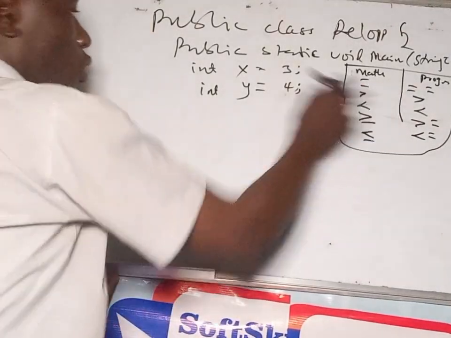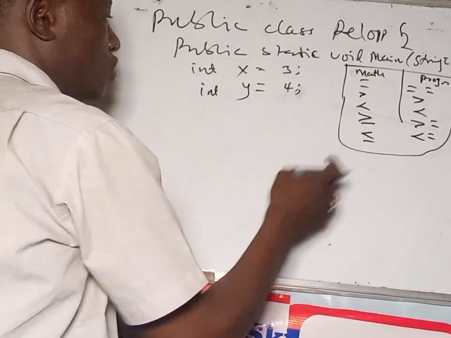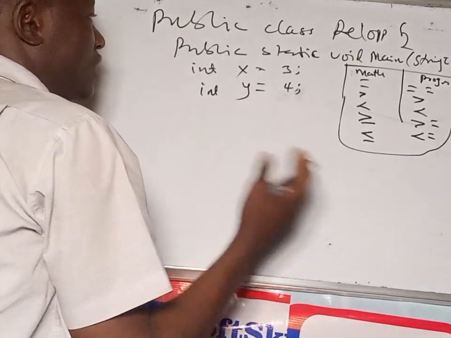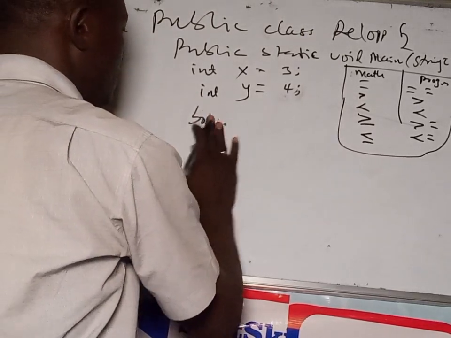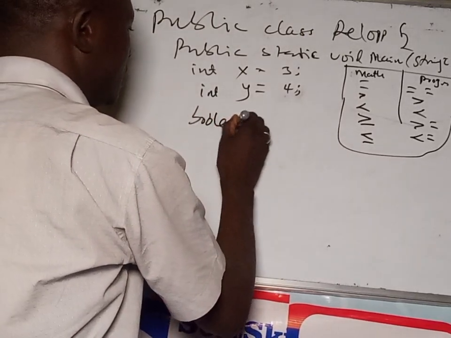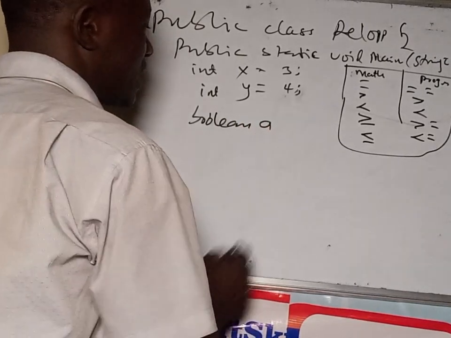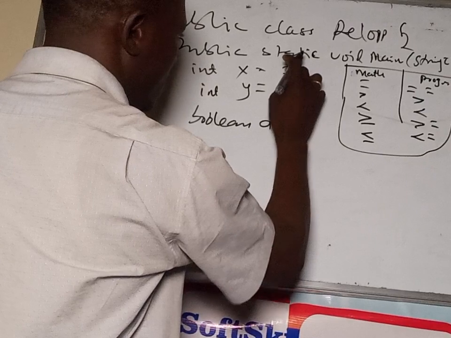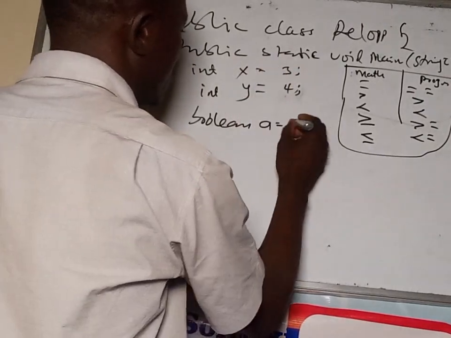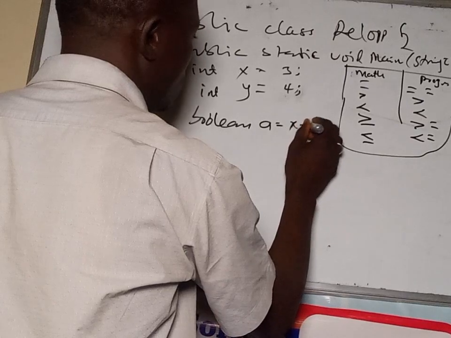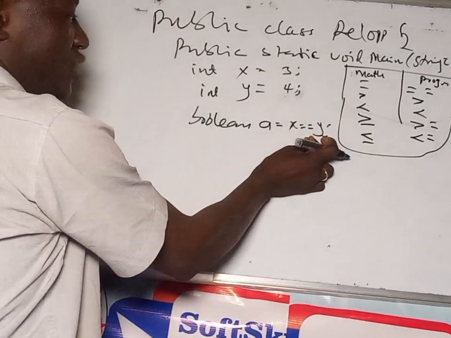So here we want to compare these given variables to be sure whether they are equal or not, less than or not, greater than or not. So we want to have a boolean a, another variable, which is equal to x equals equals y. We are trying to compare these two.